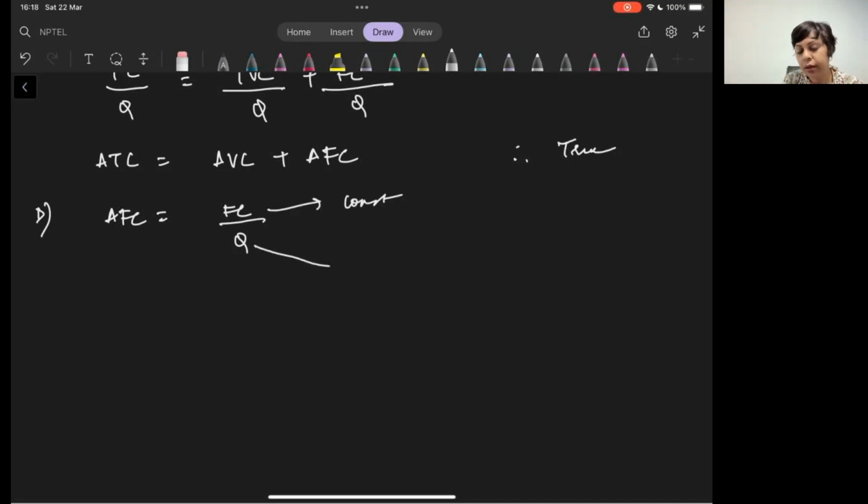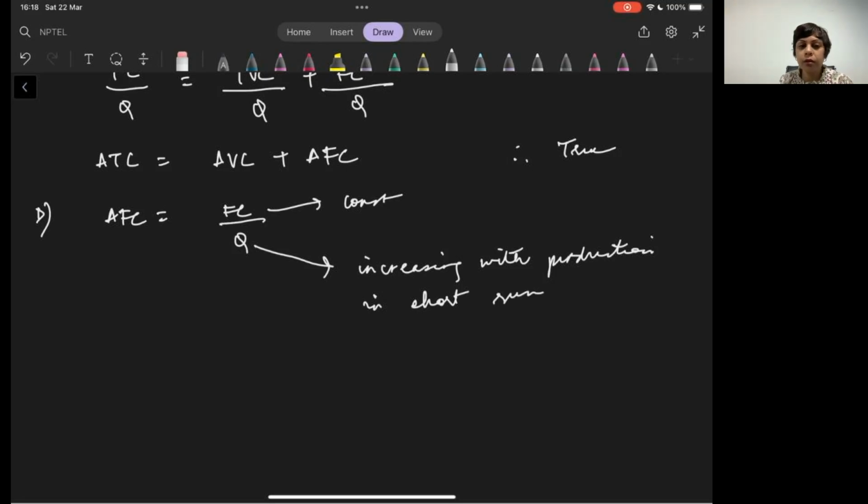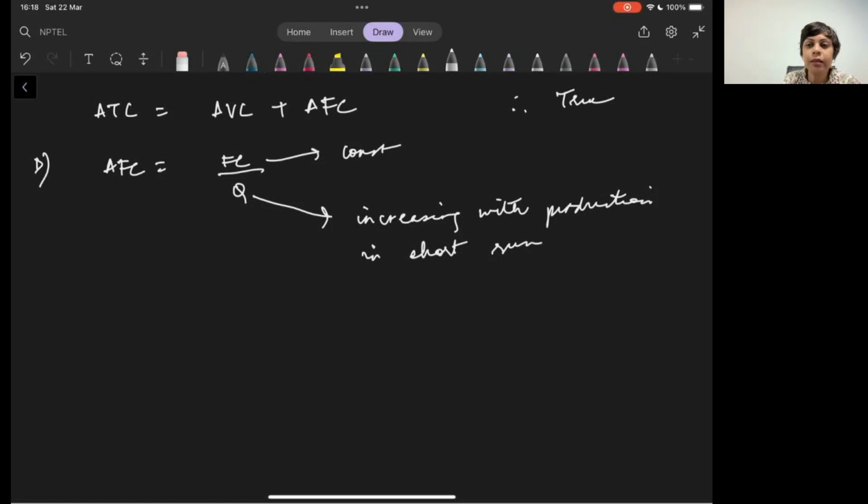And Q, as you go on increasing production, is increasing with production in short run. Therefore, denominator is going on increasing, numerator is a constant, it's not changing. Therefore, left hand side, which is average fixed cost, will be decreasing with quantity produced.